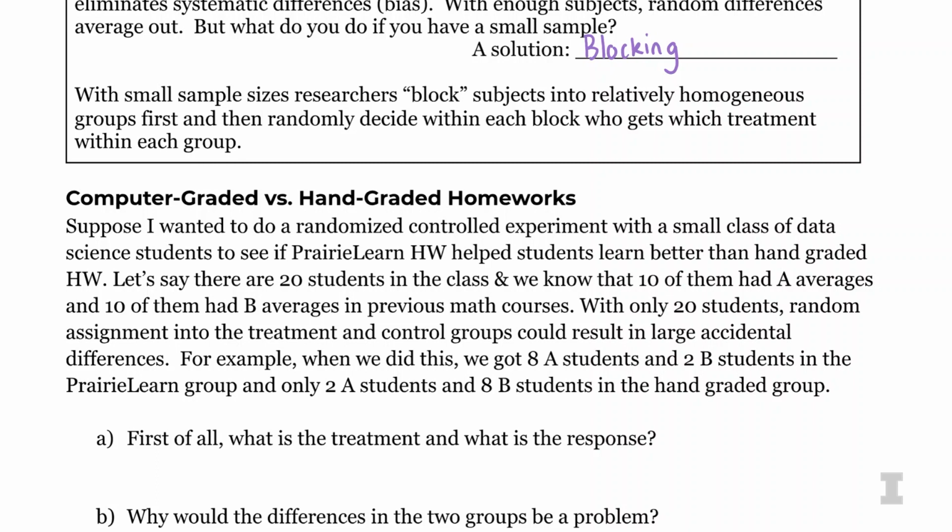So, with only 20 students, random assignment into treatment and control could still result in large accidental differences, making our groups not necessarily as alike as possible. For example, we actually did this and we got 8 students with A's in the treatment group and 8 students with B's in the hand graded group.